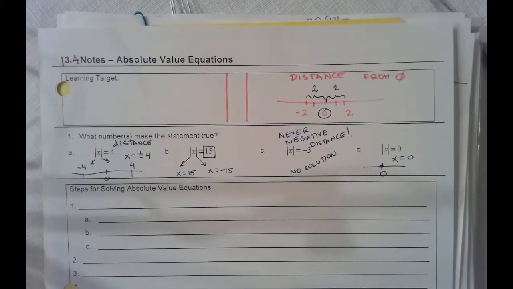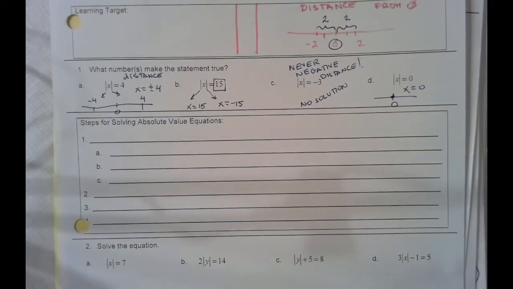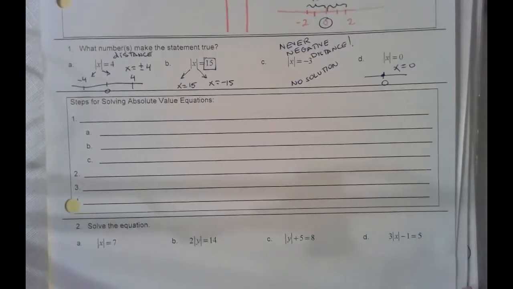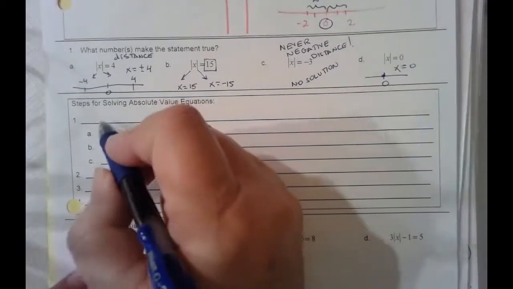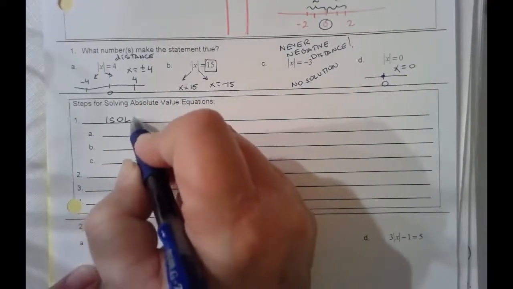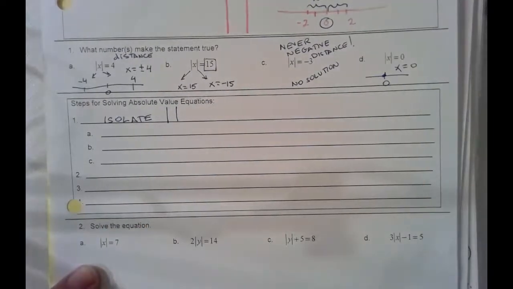Next I'm going to go over how to solve absolute value equations, the steps. The first step is we always want to isolate the absolute value. The absolute value is the two bars.